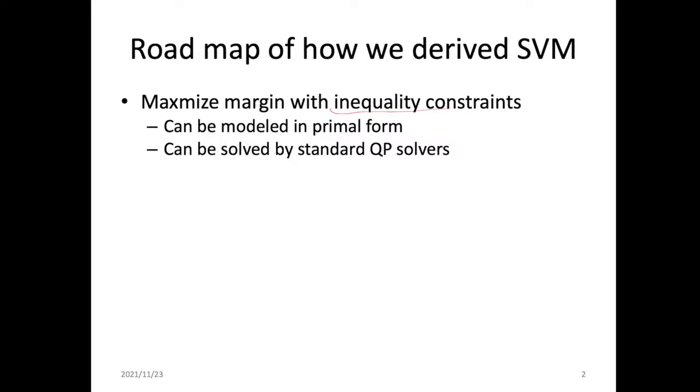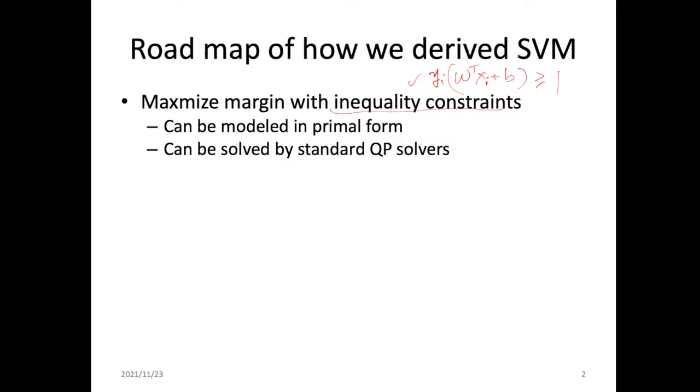And for the inequality constraints, we want W transpose X plus B, for the ith training instance, multiplied by yi, to be larger or equal to 1. That's our constraint.